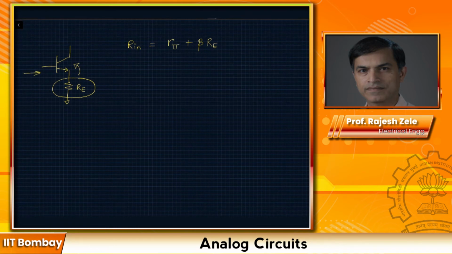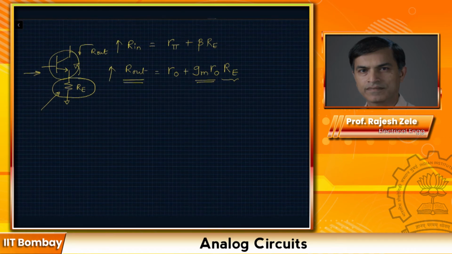Similarly, we also learned that the output resistance Rout, looking out this way, also increases. With some approximation, Rout is going to be equal to Rout plus Gm Rout times Re. So whatever is the emitter resistance Re gets multiplied by Gm Rout, which is the self gain of this bipolar transistor, and the Rout goes up.